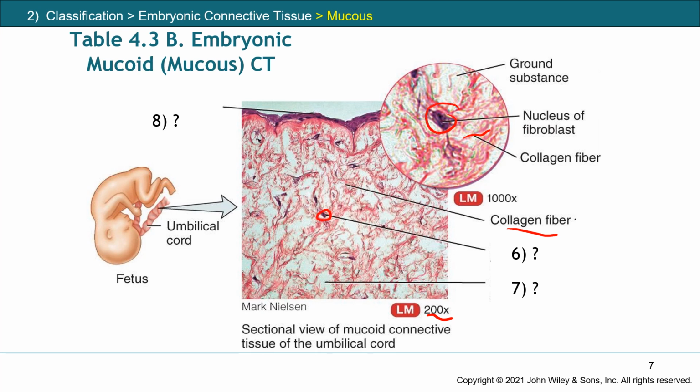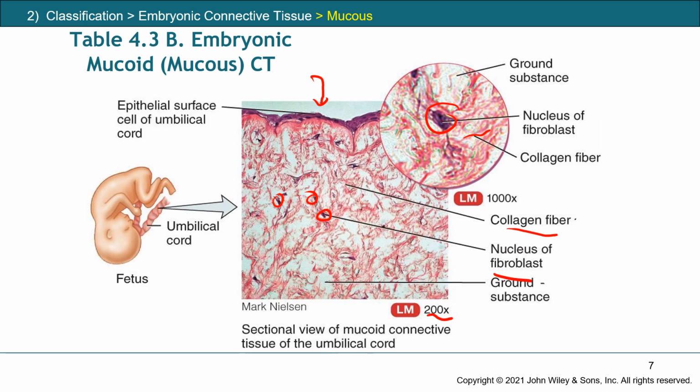So all these purple things that are here are nuclei. So in this staining, they are purple and they are showing the nuclei of the fibroblasts. 7, the white regions that are covering everywhere, again, it will be the ground substance. And here, super easy, on top of the connective tissue, you will find the epithelial surface of the umbilical cord. Okay, I think this was pretty easy.